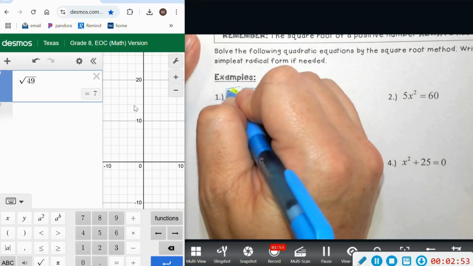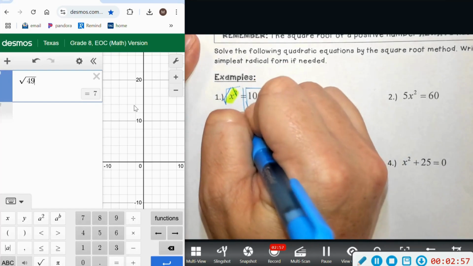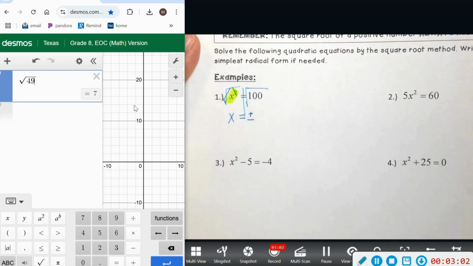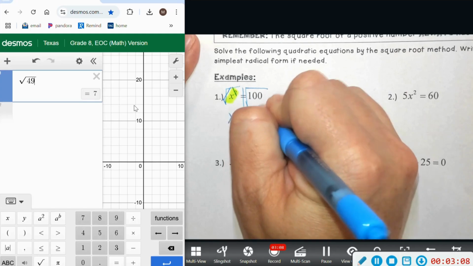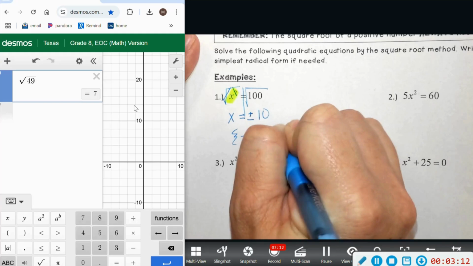I want you to realize on the left, the square root cancels the squared, and I'm left with x equals, and again, it's going to be a positive and a negative every single time when I'm solving. What's the square root of 100? Check it in your calculator. 10. So my answer is negative 10 comma 10.